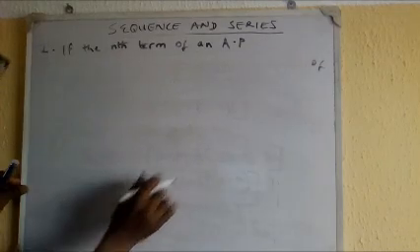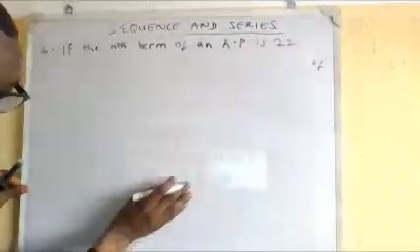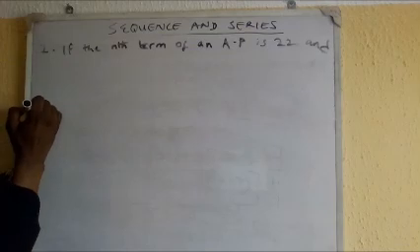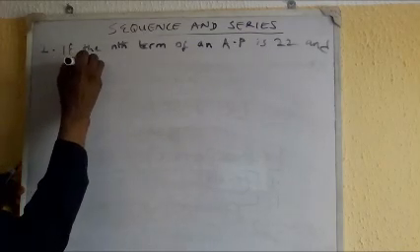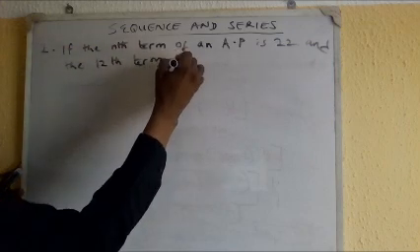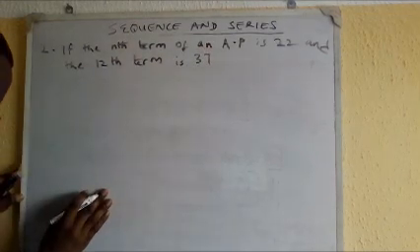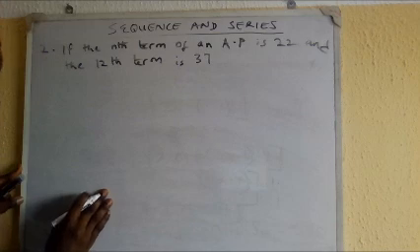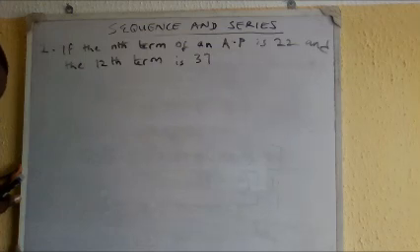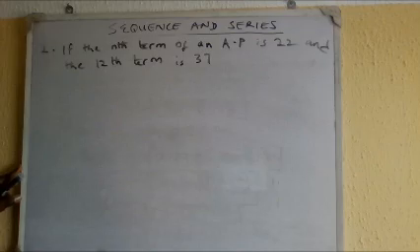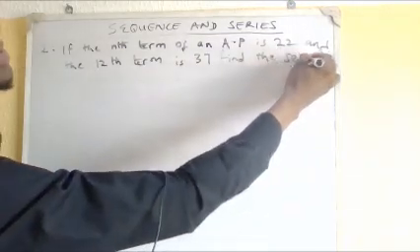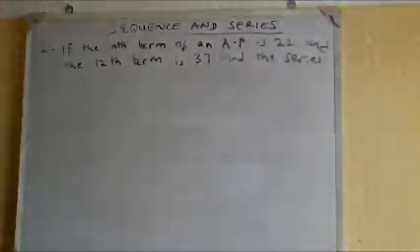Arithmetic progression, is 22, and the 12th term is 37. Find the series. Okay. So this is what we are given.